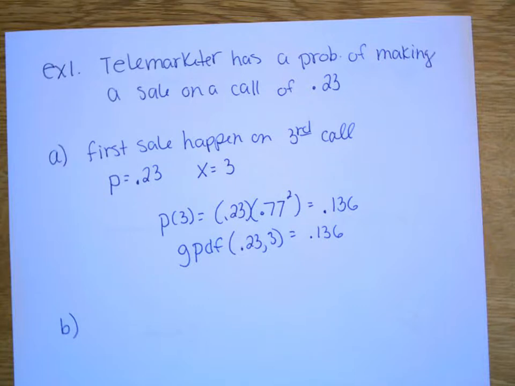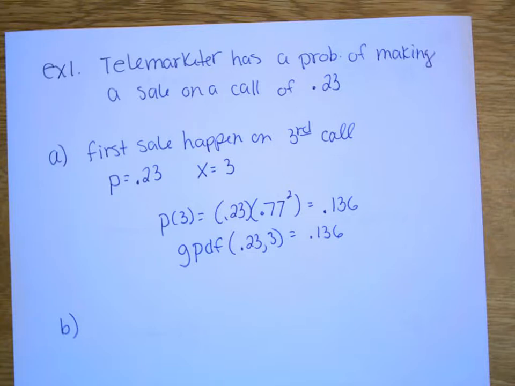Ready for the next one? I don't understand why it's less. Is it because the first sale is on the third call of the day? Yeah, that's what I meant.